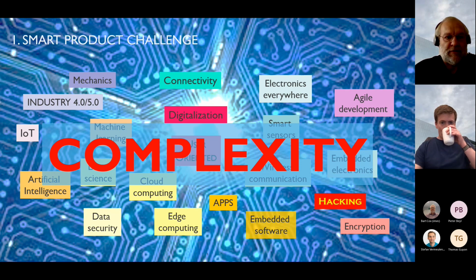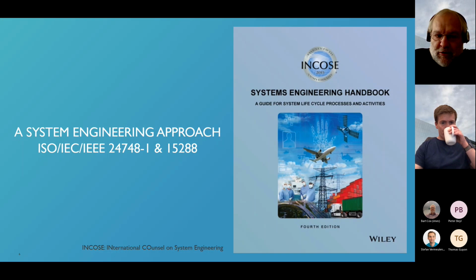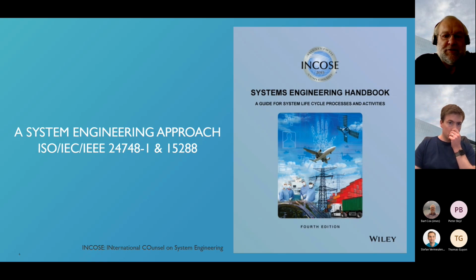Now, it's obvious that smart products are not the only smart or complex product or complex system that needs to be addressed, and therefore we are going to use the approach that has been developed in the last decades on system engineering of complex systems.